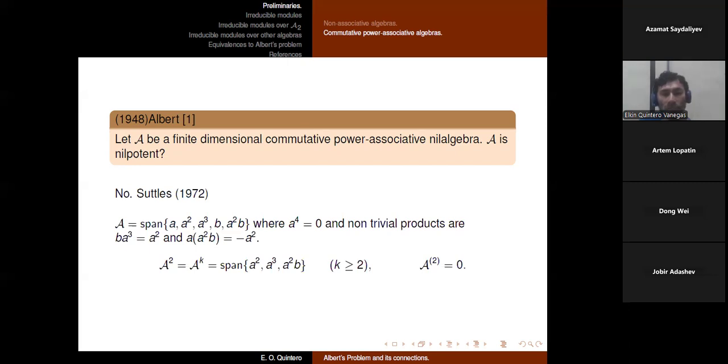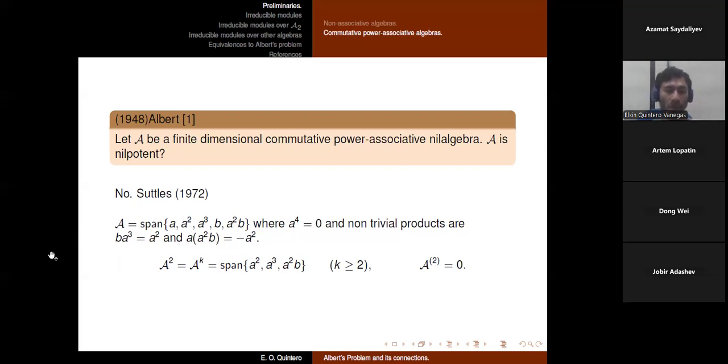More than 20 years after Albert asked it, Suttles in 1972 presented a commutative power-associative nilalgebra of nil index 4 and dimension 5, spanned by a squared, a cubed, b, a squared times b, with the non-trivial products being b times a cubed equal a squared, and a times a squared b equal minus a squared.